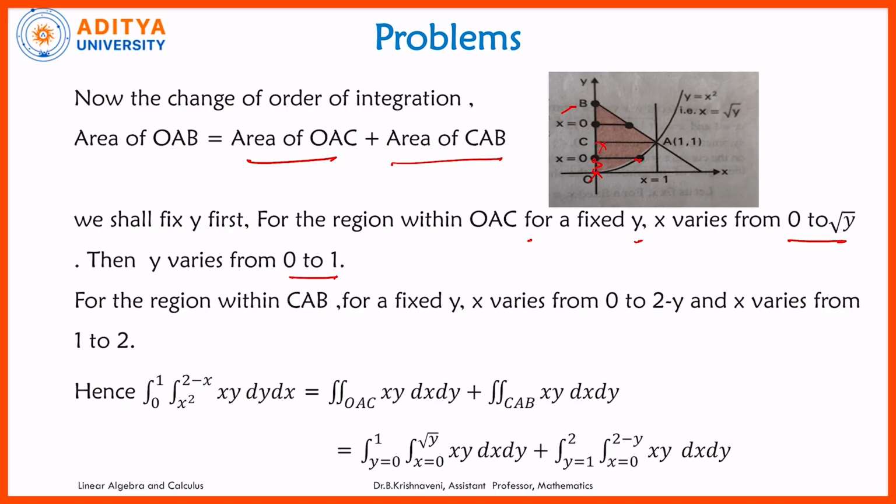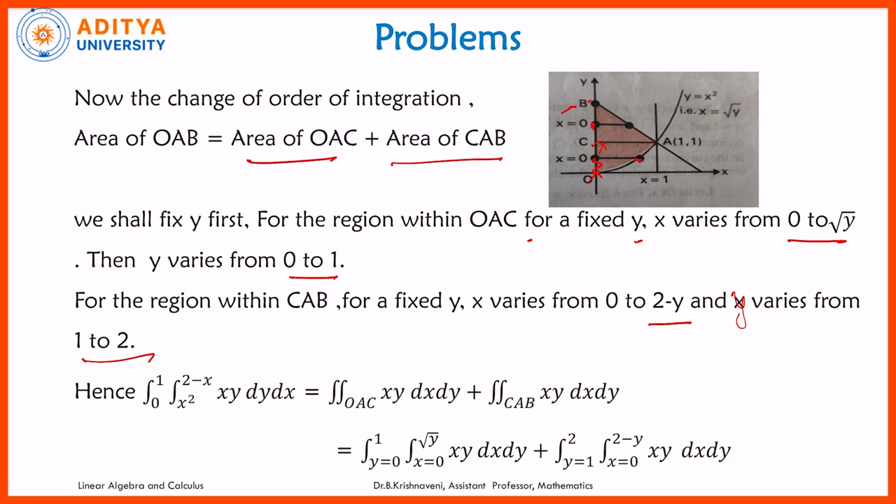Now along CAB, x varies from the y axis, that is x equals 0, to the line x equals 2 minus y, and y varies from 1 to 2.